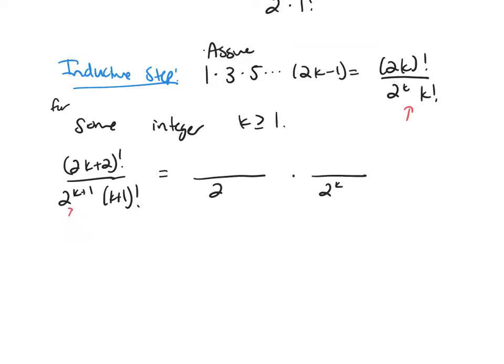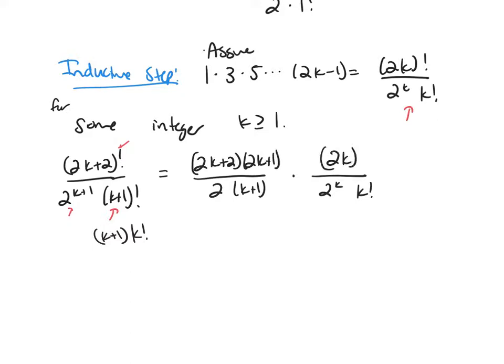And the same thing for this factorial. I'm going to rewrite it as k plus 1 times k factorial. So I'm going to split those up into k plus 1 and a k factorial. And then in the numerator, this is the same thing as 2k plus 2, 2k plus 1, and then 2k factorial.